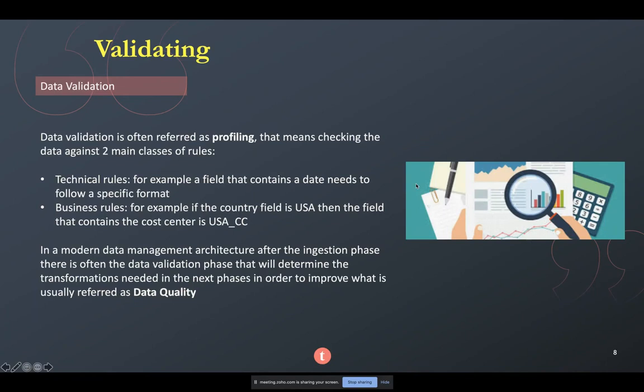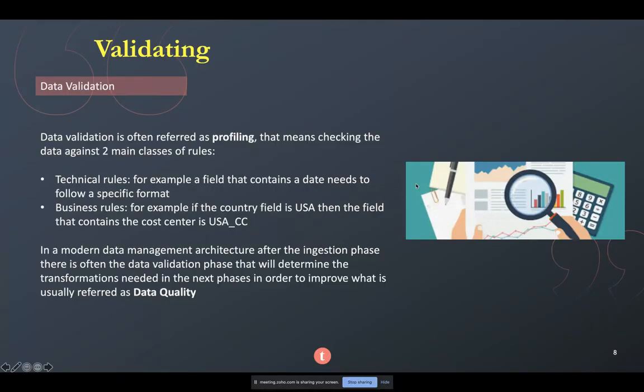And the validation phase in modern data management architectures is usually the phase that happens right after the ingestion phase. Not always, as I was saying before, these different phases can happen in a different order. But usually you extract the data from the different sources and you validate them.